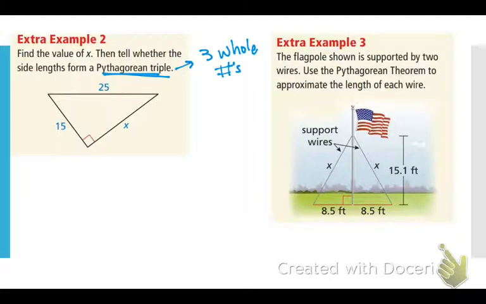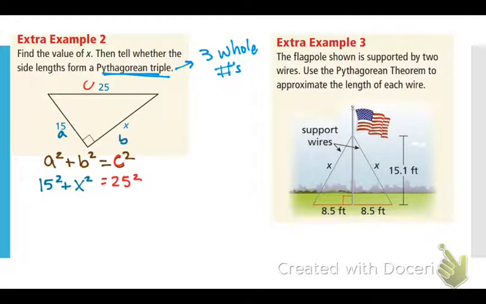So, since it's a right triangle and it's missing a side, we're going to use the Pythagorean theorem. Which one of these would be c? 25. So then a and b would be 15 and x. 15 squared is? 225.